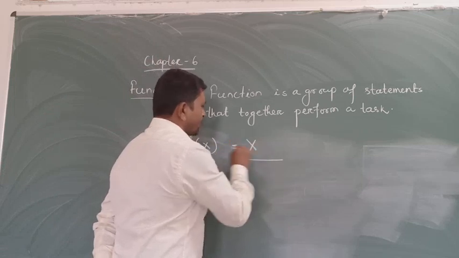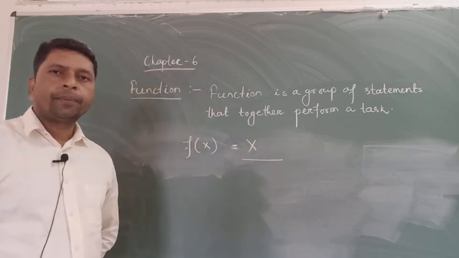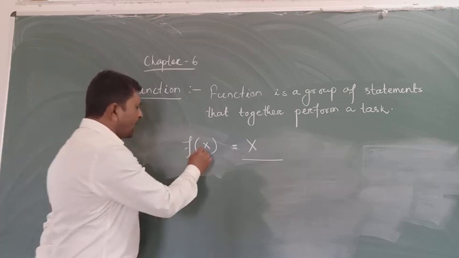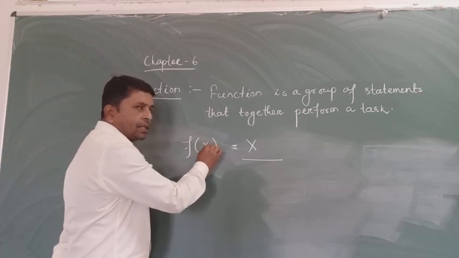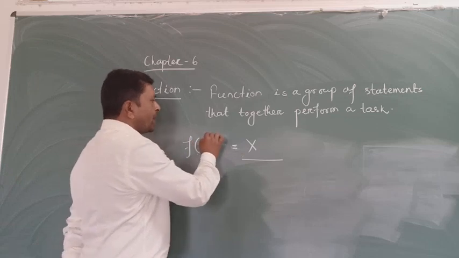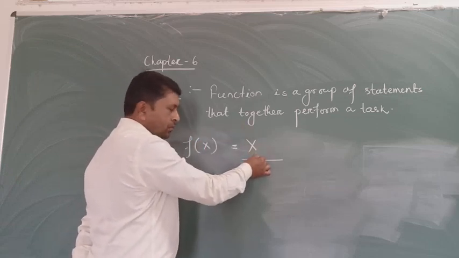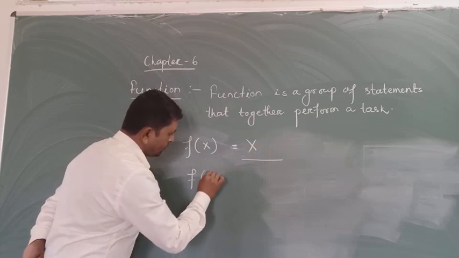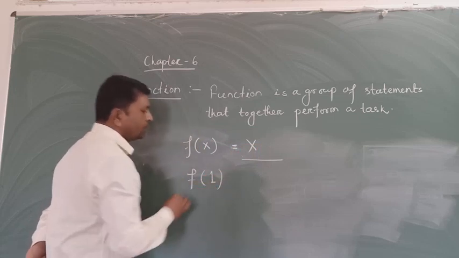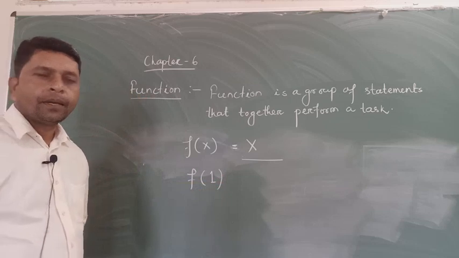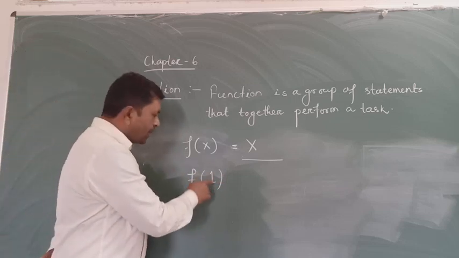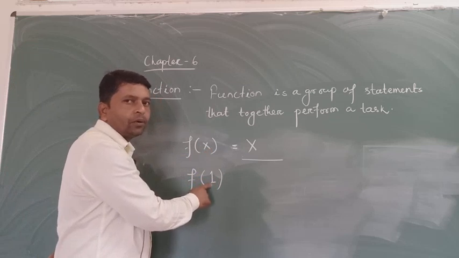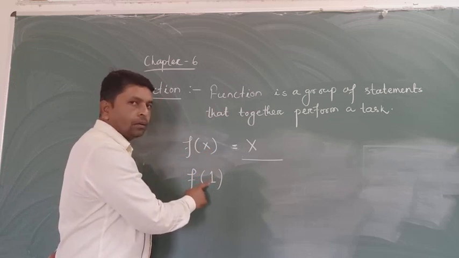So here I am taking f of x is equal to x. When I give the value of x here, the value of x is transferred to here. If I write f of 1, it means that the value of x is 1.